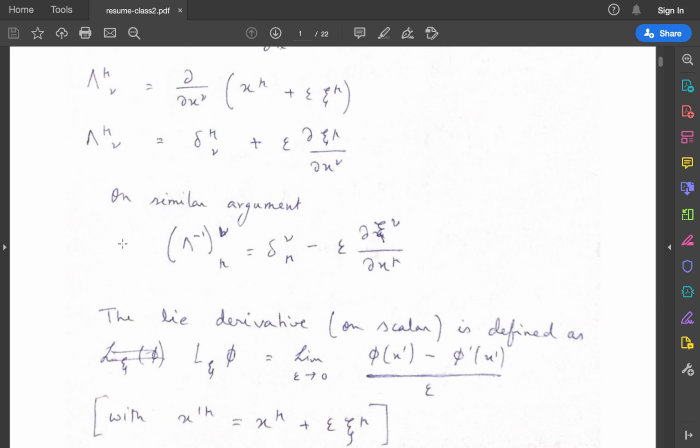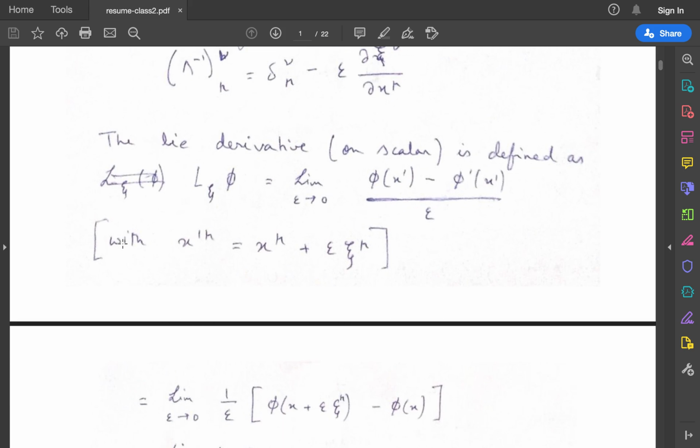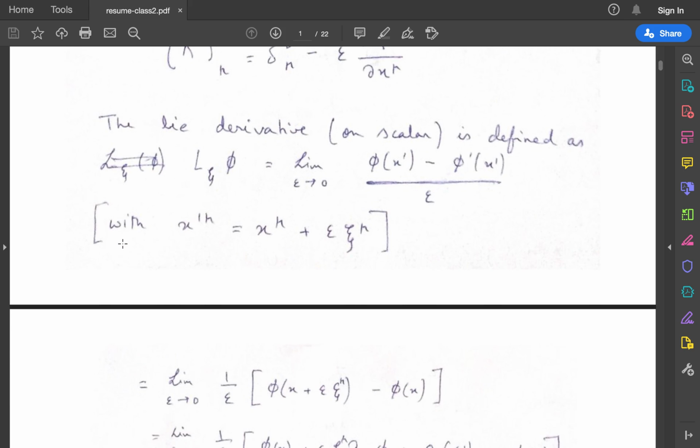Now let us come to our original work of defining the Lie derivative. So what is the Lie derivative? Let us first define it on a scalar field. Let us say that L zeta is the coordinate along which we are seeing the change of this scalar function phi.